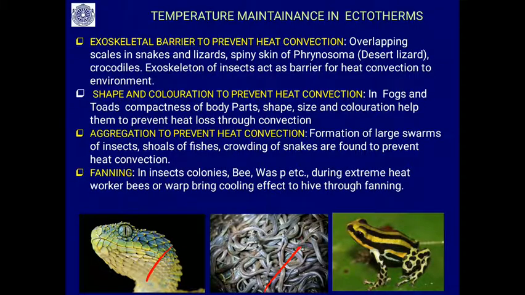Similarly, if there is too much heat, there is fanning, which you will find in the case of insect colonies, bees, wasps. During extreme heat, worker bees or wasps cool the hive by fanning. In the case of frogs, the coloration is preventing the convection.